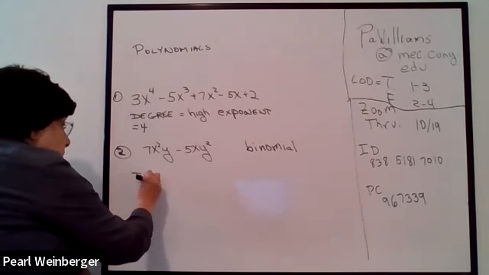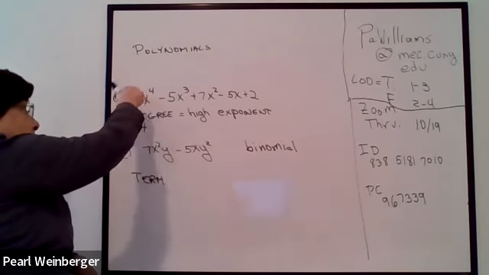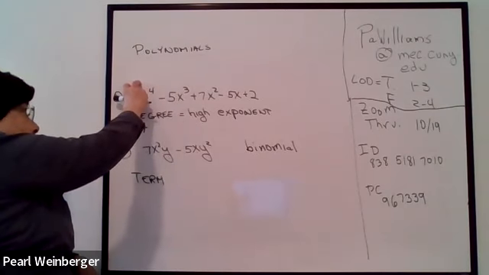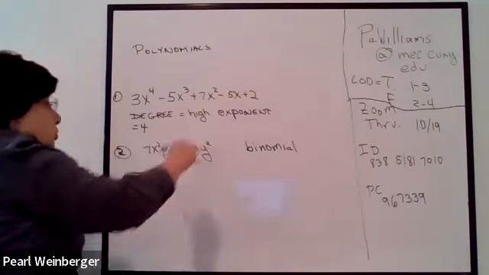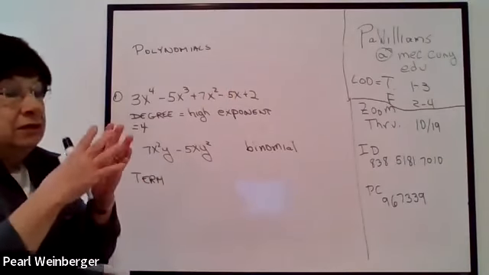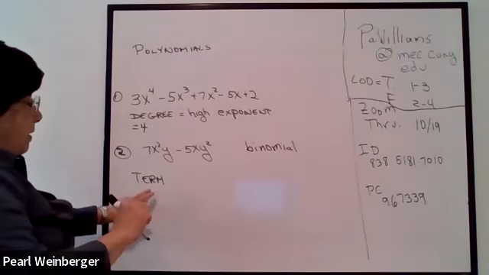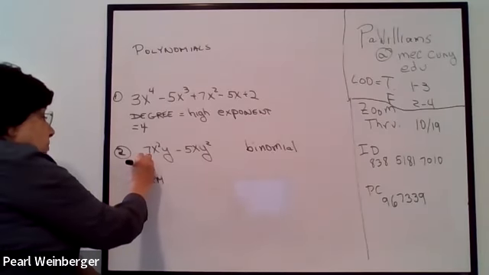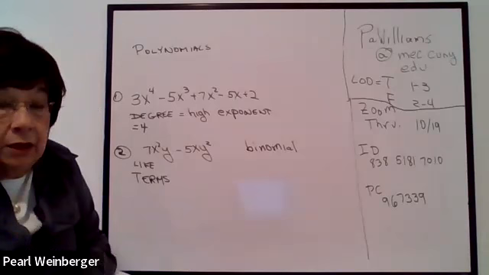Remember, a term is just one of the expressions that is all by itself. So the only type of terms we can combine are something called like terms. So what do we mean when we say we can only combine like terms?